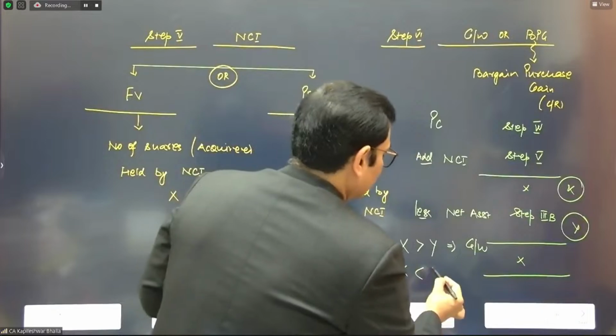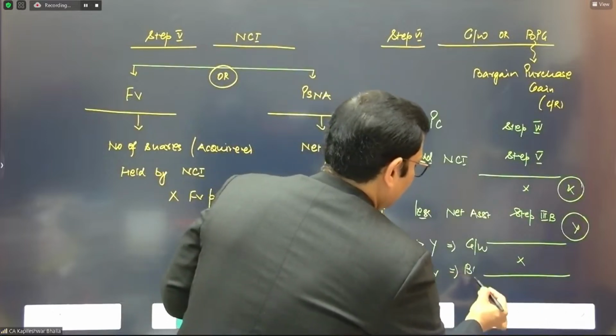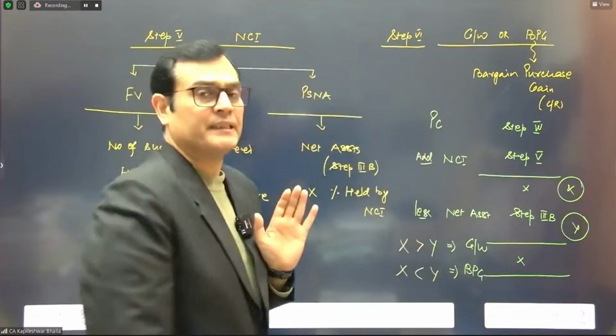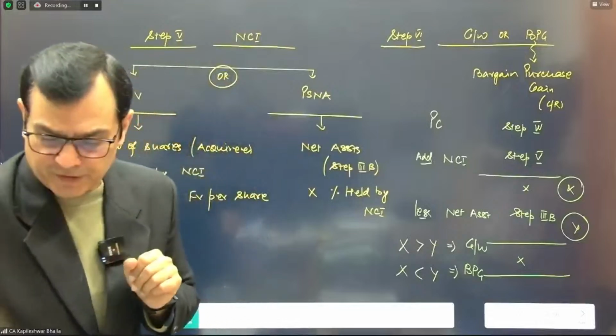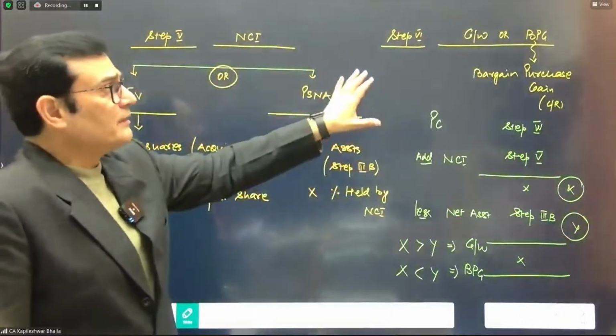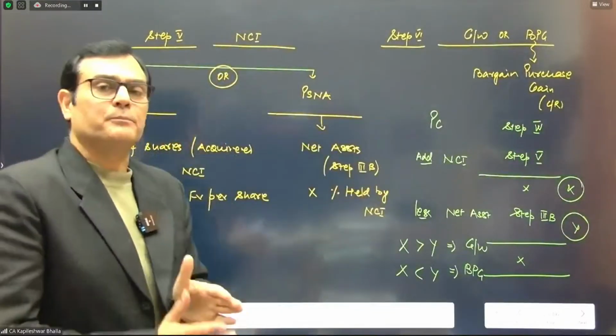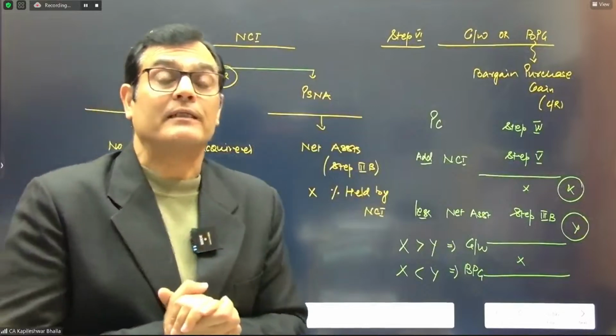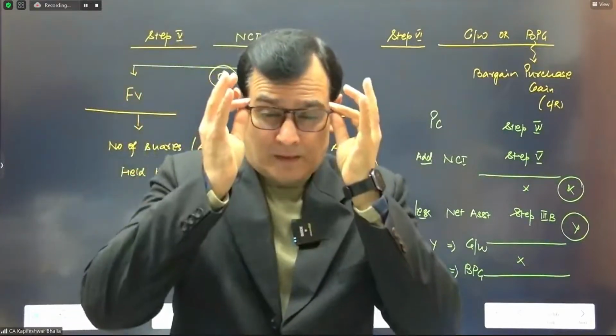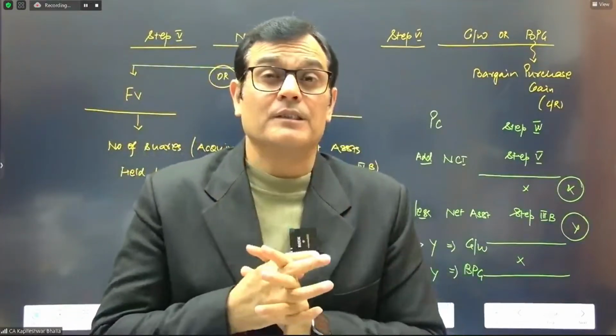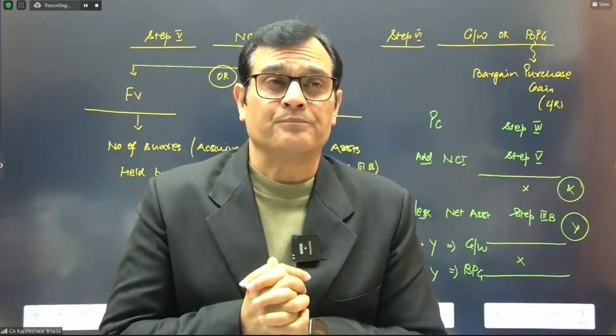If X is less than Y, the difference is going to be capital reserve, called a bargain purchase gain. So basically, calculating a goodwill or a bargain purchase gain is a mathematical calculation.